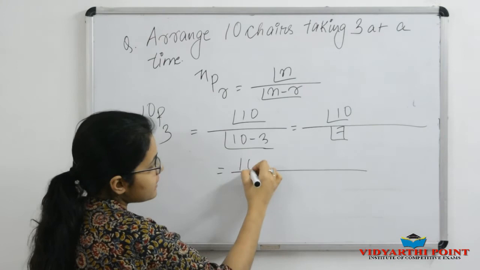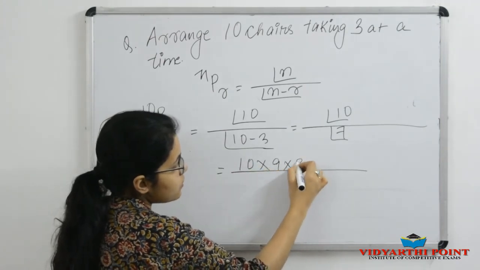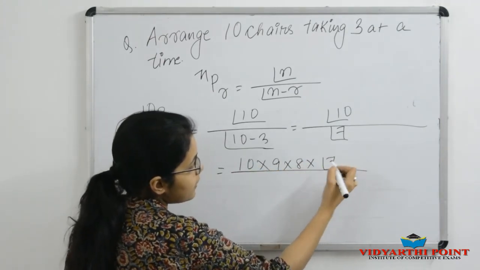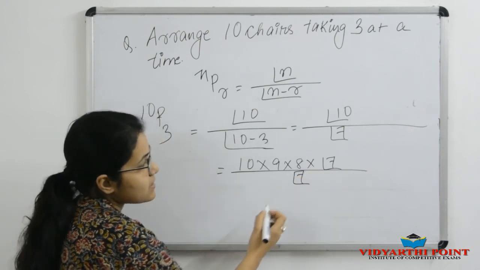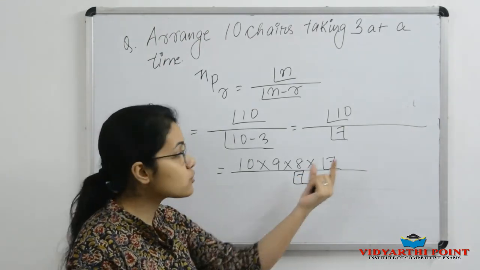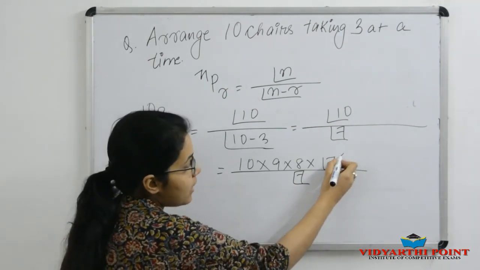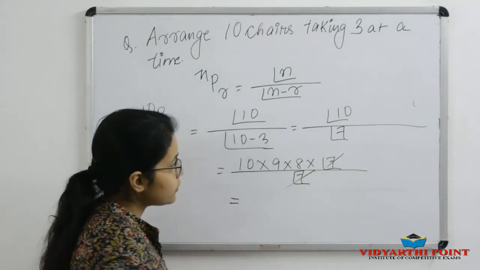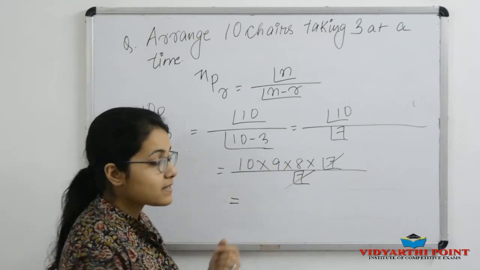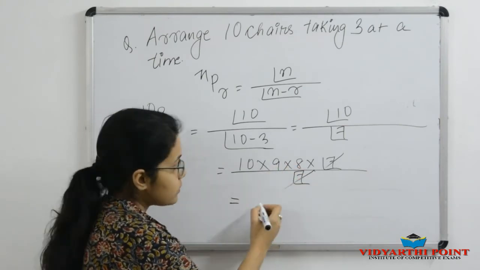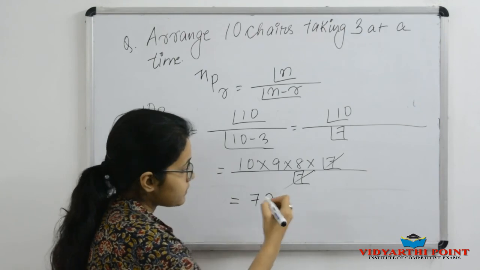Here we can write 10 into 9 into 8 into factorial 7 by factorial 7. Since in the denominator we have factorial 7, we are not expanding these two factorials. Now upon cancellation we will have 9 8s are 72, 72 into 10, 720.